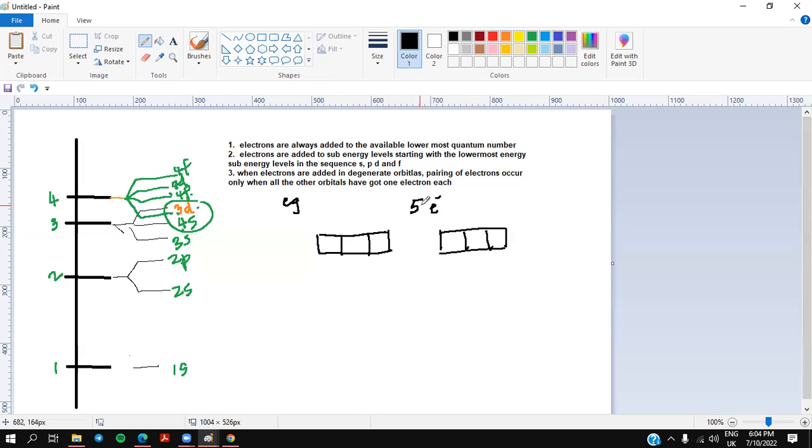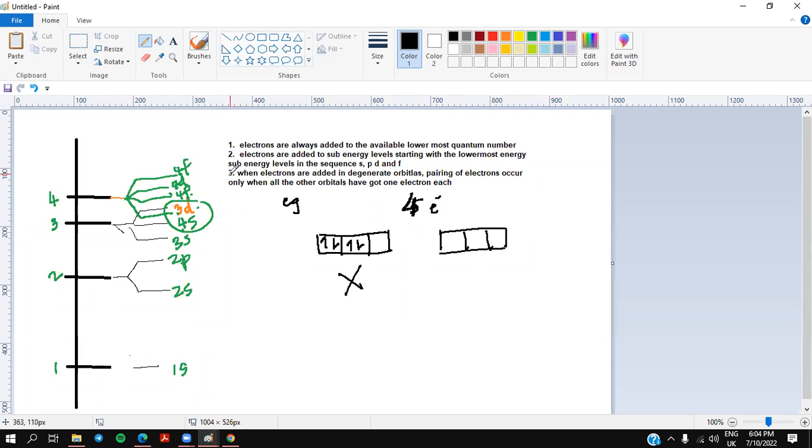An orbital can have maximum 2 electrons. To explain this better, I will take 4 electrons. If you write 4 electrons in this manner, then this is going to be wrong.